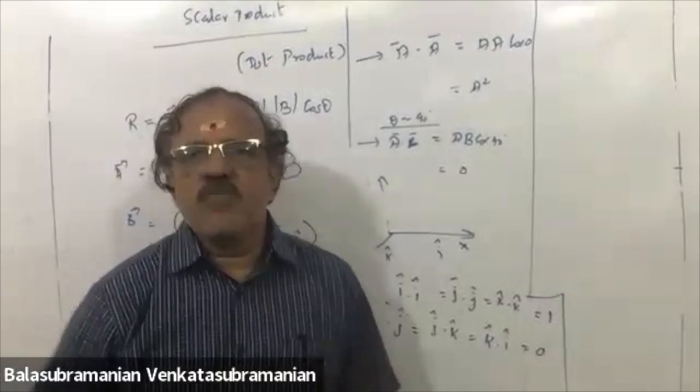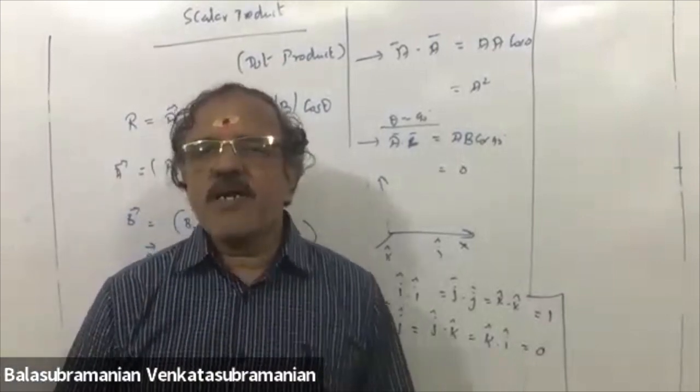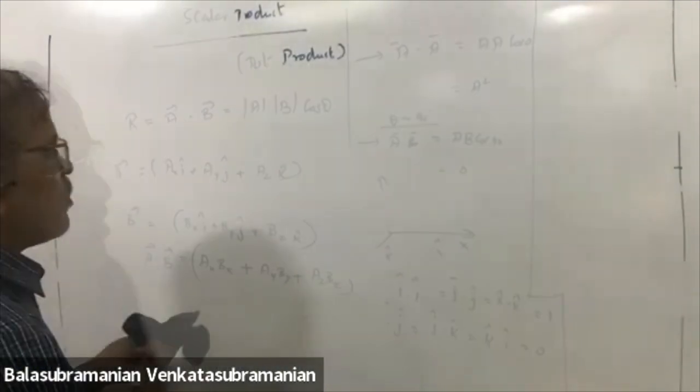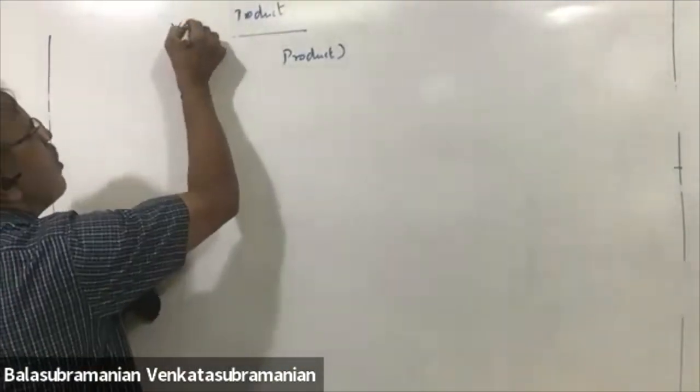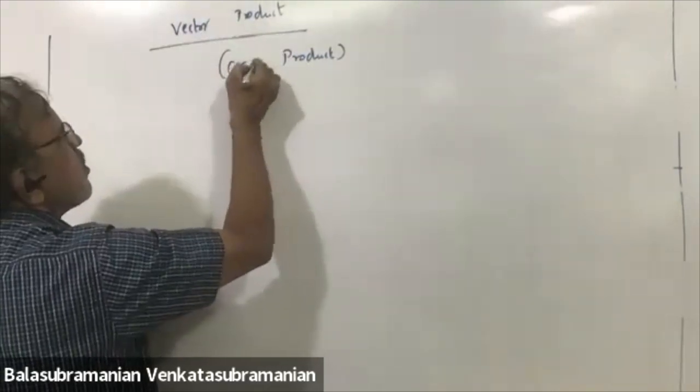So these are the few properties in the case of scalar product of two vectors. Now we'll go for vector product of two vectors. Vector product, otherwise known as cross product.